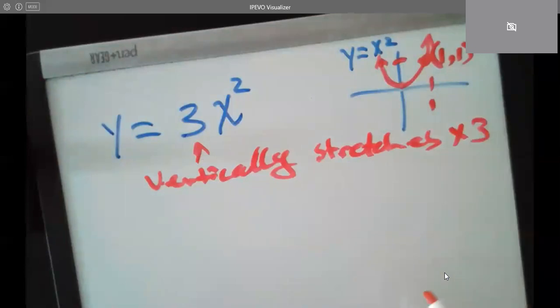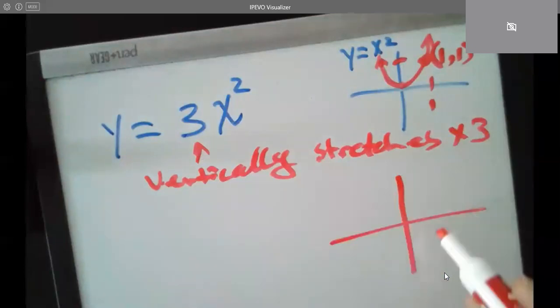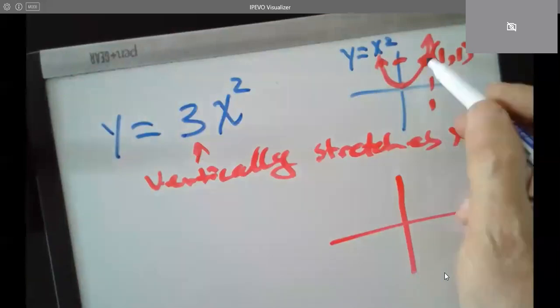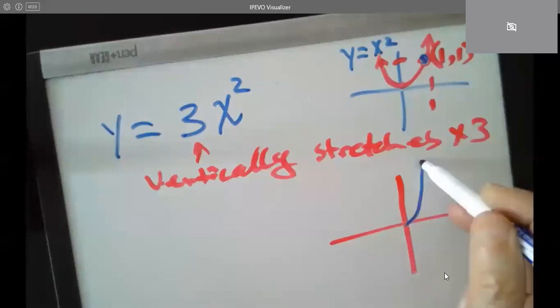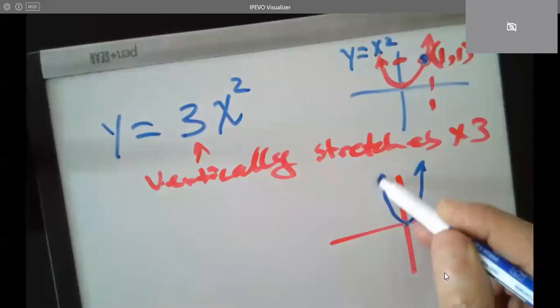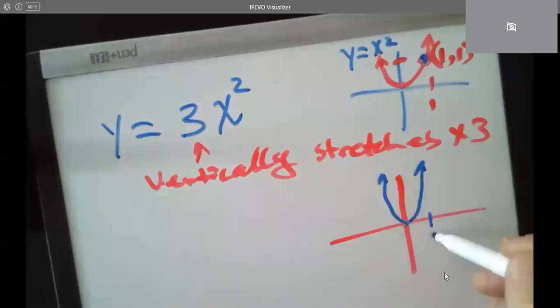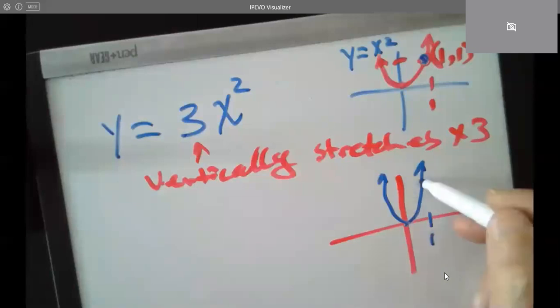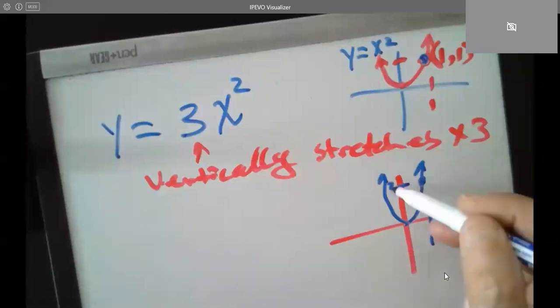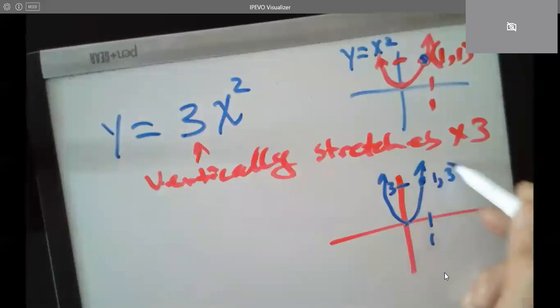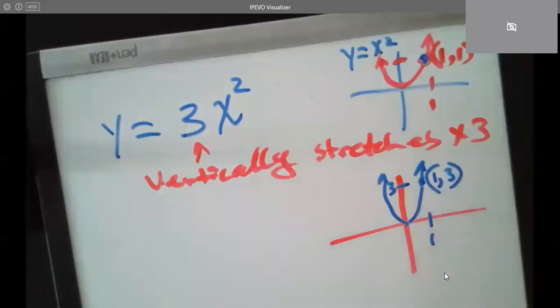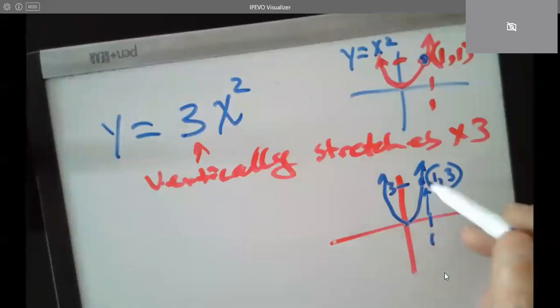So now, instead of being at 1, 1, it's going to stretch. So now the graph is at 1, 3. So it stretched that graph in relation to the distance from the x-axis to the curve.